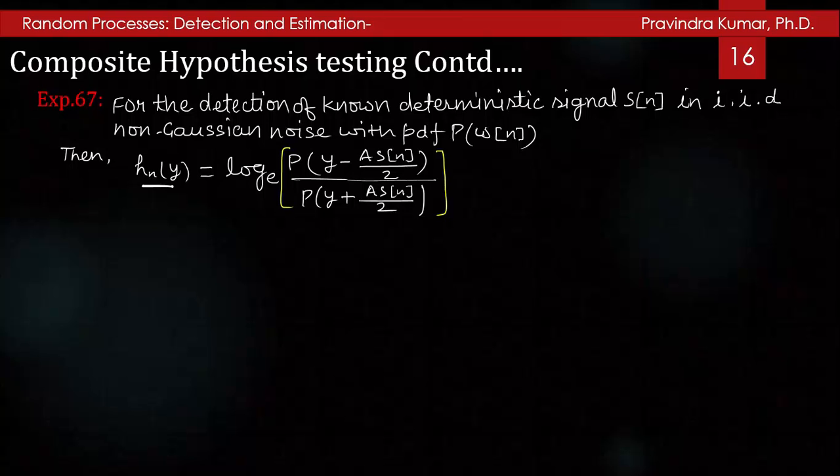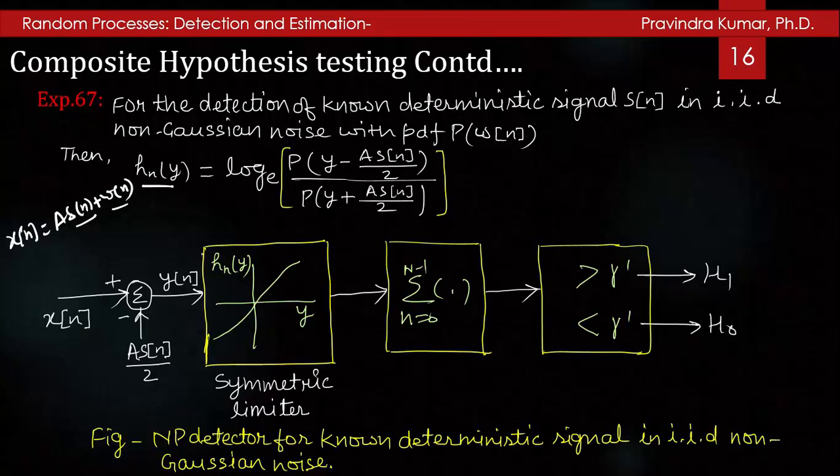Here, instead of the simple A by 2 you have the signal A into s[n], meaning x[n] is A s[n] plus omega[n], meaning the signal is present with the noise. This is non-Gaussian noise. So this is the NP detector for the non-deterministic signal in independent identically distributed non-Gaussian noise.